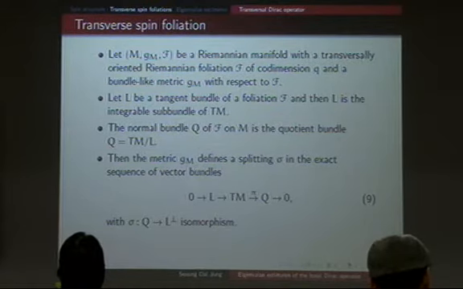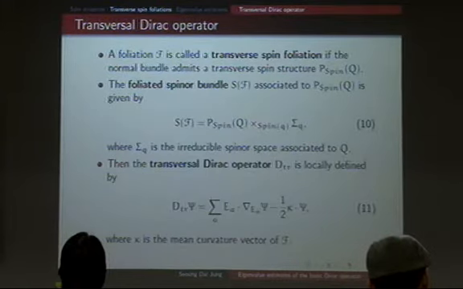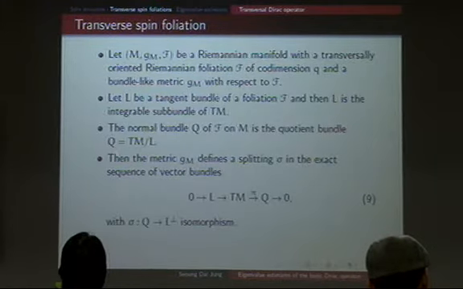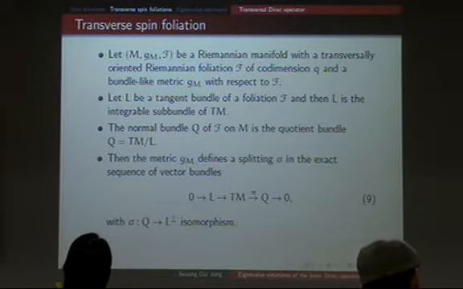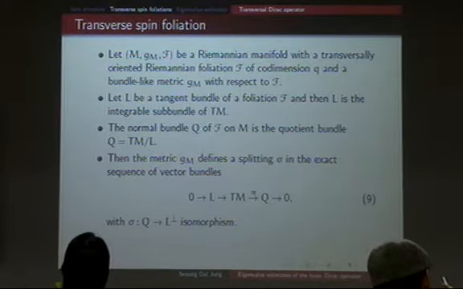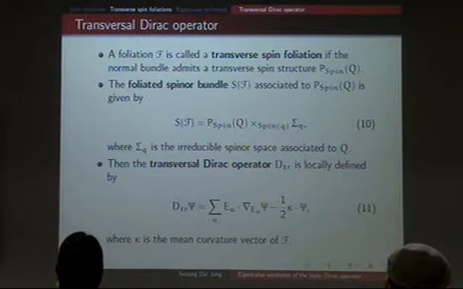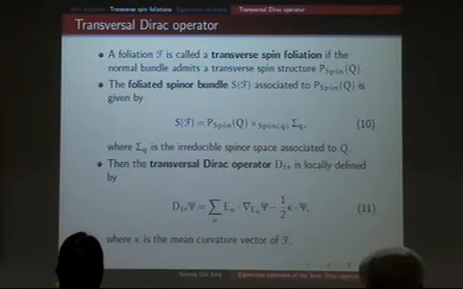Then we have an exact sequence like this one. Roughly speaking, the quotient bundle at each point is considered as the tangent space of the quotient manifold, though not exactly. So the foliation is a transverse spin foliation if the normal bundle admits the transverse spin structure P spin Q. Similarly, we define the foliated spinor bundle.